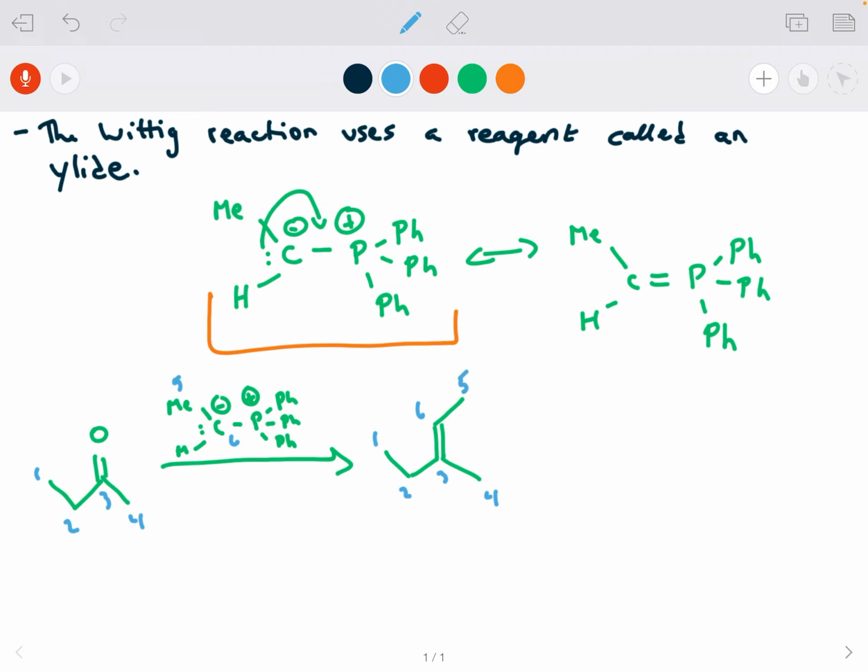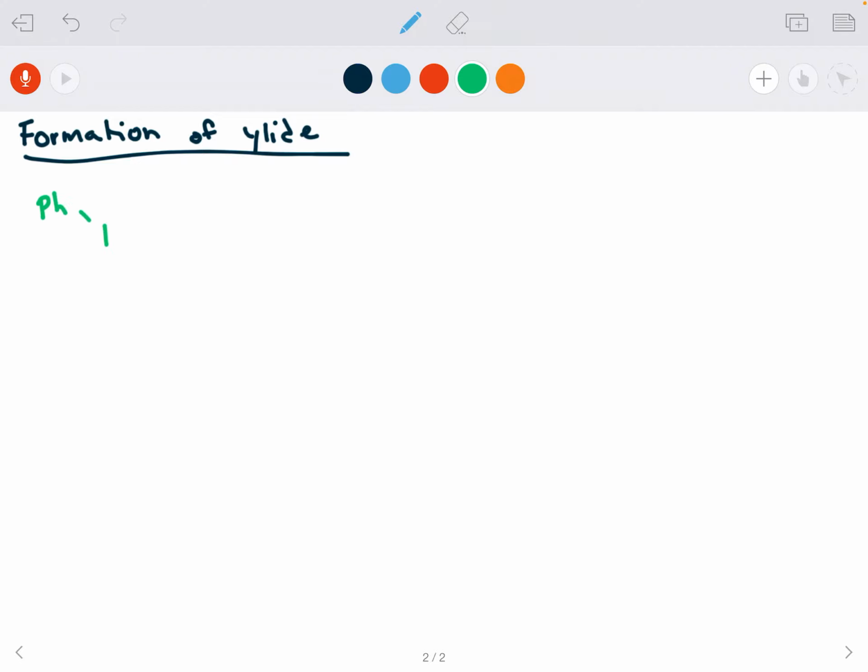All right, so now I'll go through the mechanism of the Wittig reaction. So step 1 is going to be the formation of the ylide. So I start with this phosphorus with 3 phenyl groups on it and a lone pair.